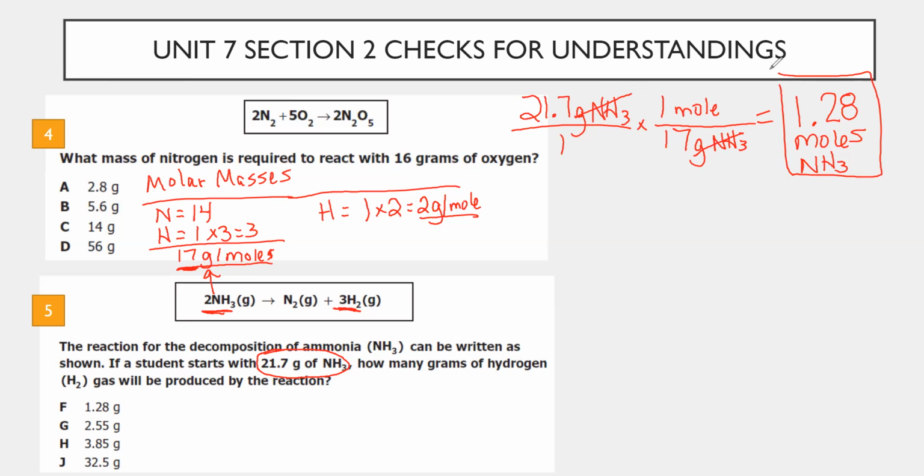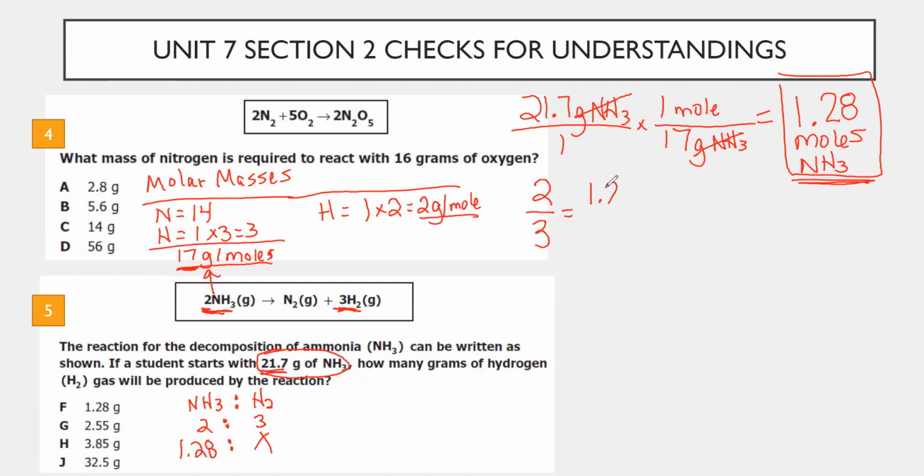All right, now let's look at our ratios for NH3 compared to H2. All right, so if you look at our equation, there's 2 of those for every 3 hydrogens. But now that we know we only have 21.7 grams, and 21.7 grams is 1.28 moles, we want to know how much H2 we're going to get when we only have that many moles. All right, so let's look at these ratios. So it's a 2 to 3 ratio.